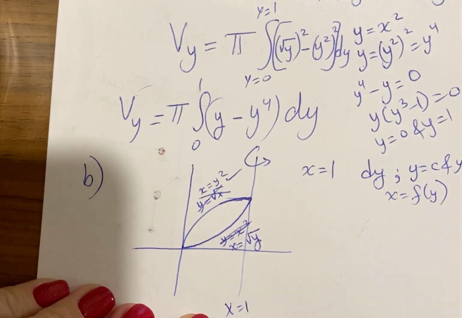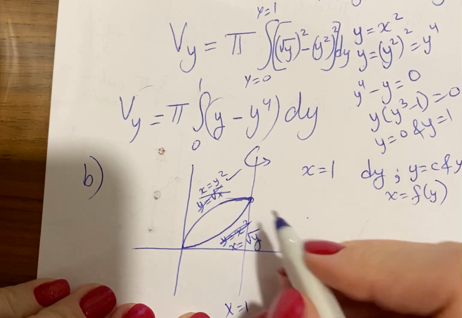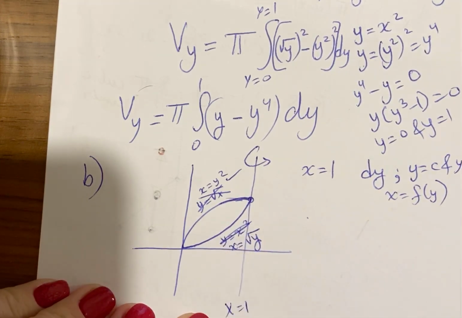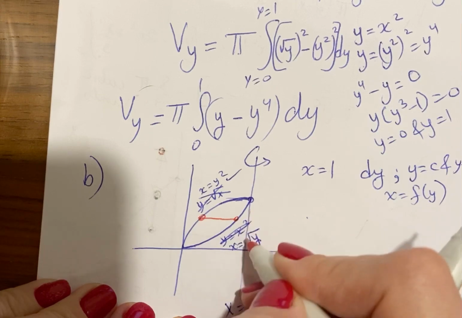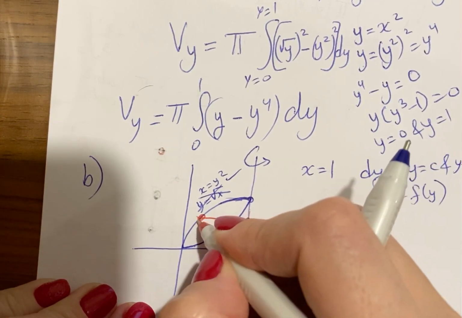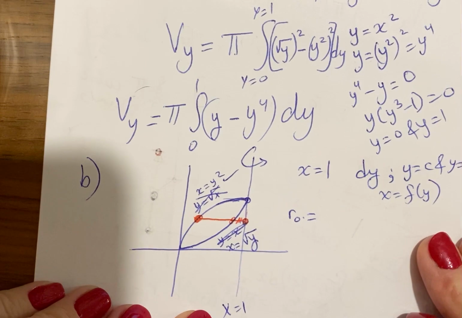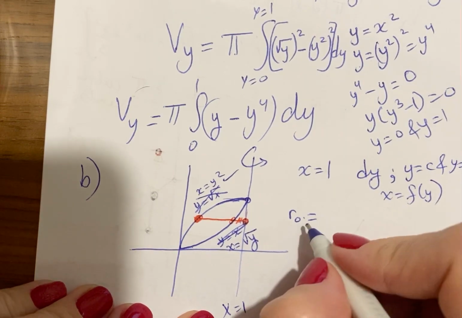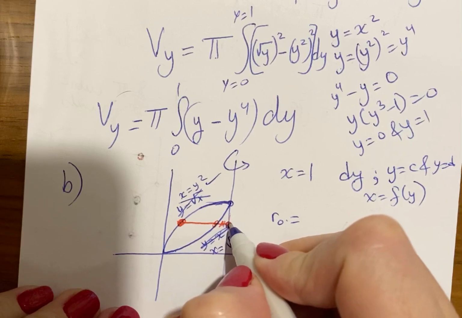Alright. First I change them. Then the outer radius and the inner radius. Since a segment here will look like this, there's a space between the line of revolution and the segment. The outer radius will be the whole thing. The inner radius will only be this piece. So the outer radius will be equal to, always right minus left.